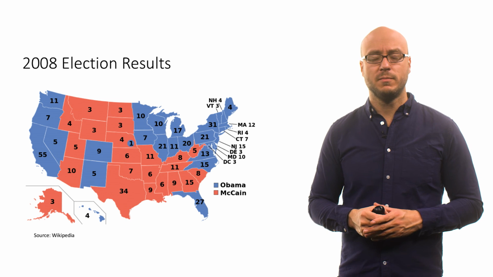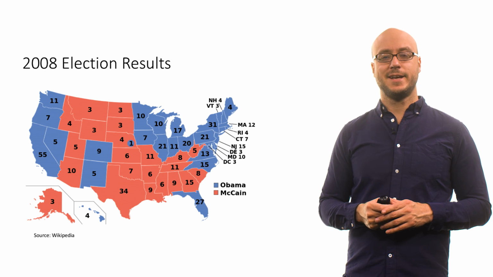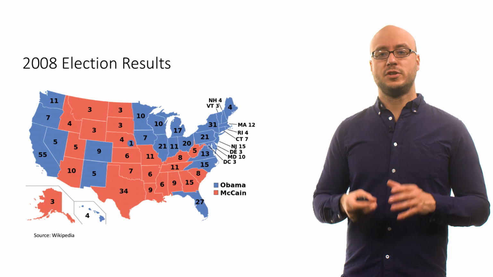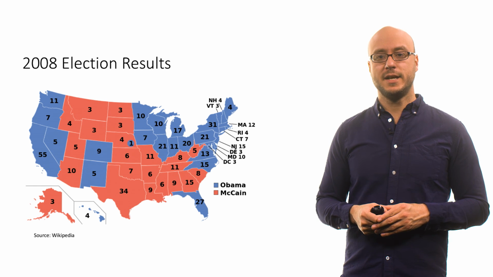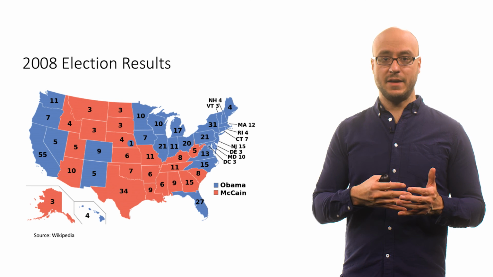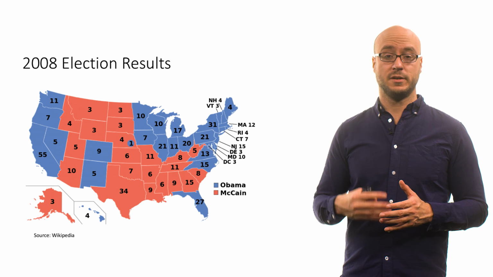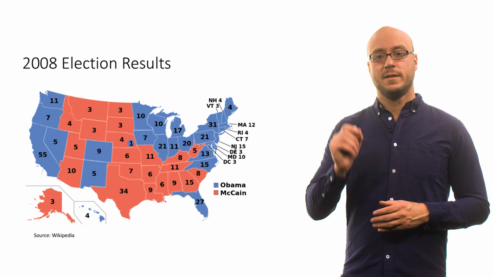Another point you should keep in mind for those of the students who are not from the United States is that in the United States, we actually reverse the colors. So the two major political parties are the Democratic Party and the Republican Party. The Democratic Party has historically been considered a center-left party, whereas the Republican Party has historically been considered a center-right or conservative party.